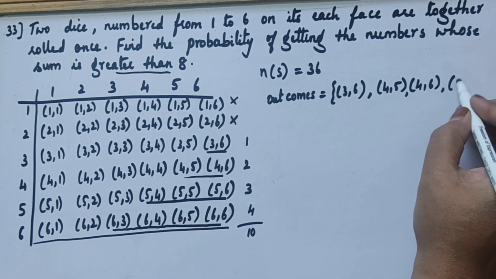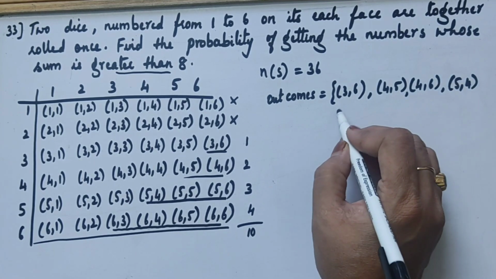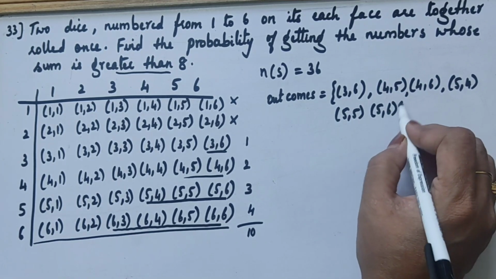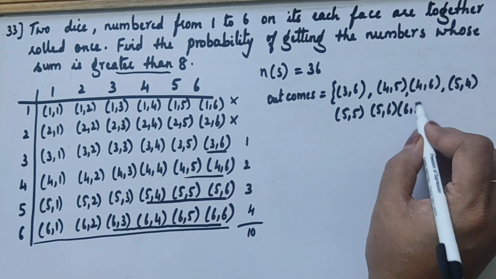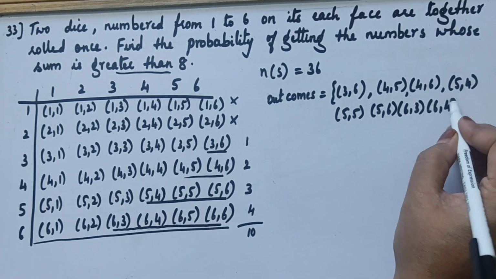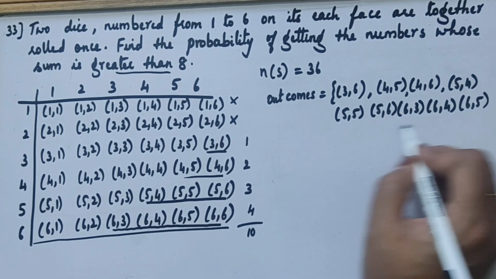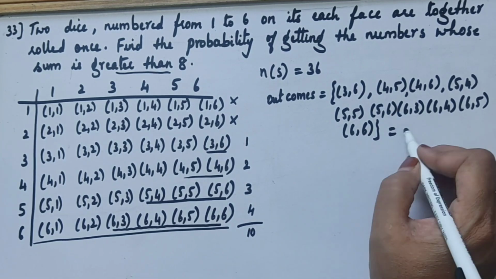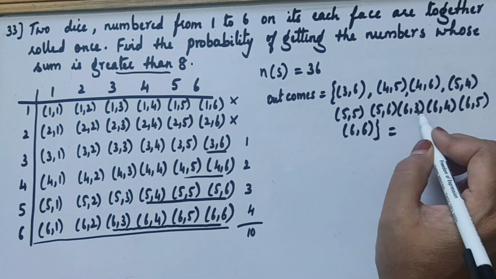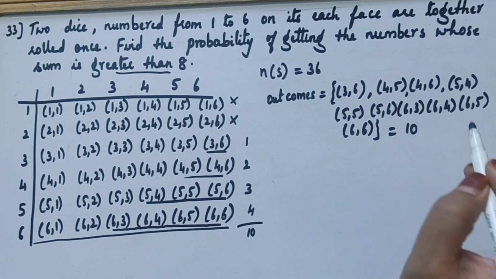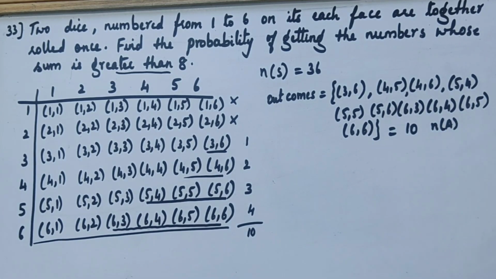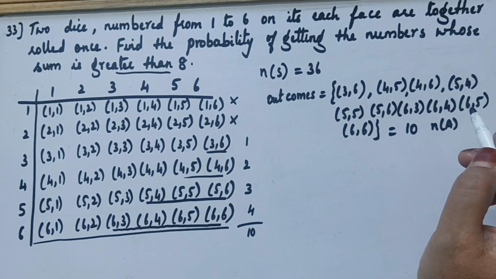Then 5 4, 5 5, 5 6, then 6 3, 6 4, 6 5, 6 6. Okay, the total are 10: 1 2 3 4 5 6 7 8 9 10. Total are 10. So we'll consider this as n of A.